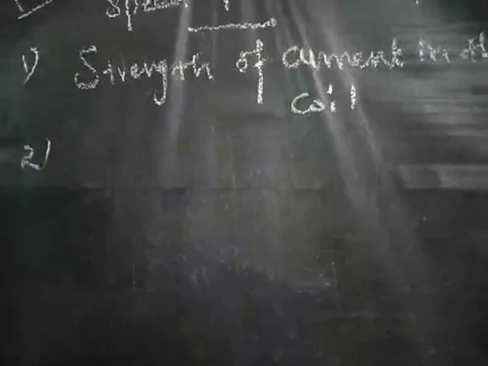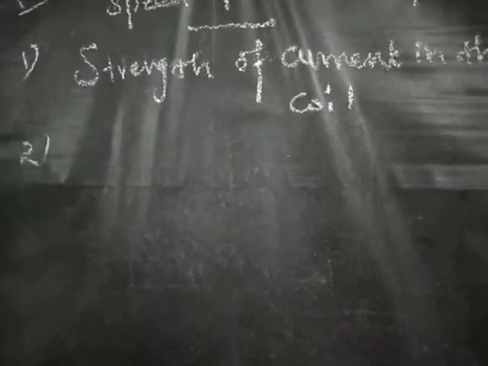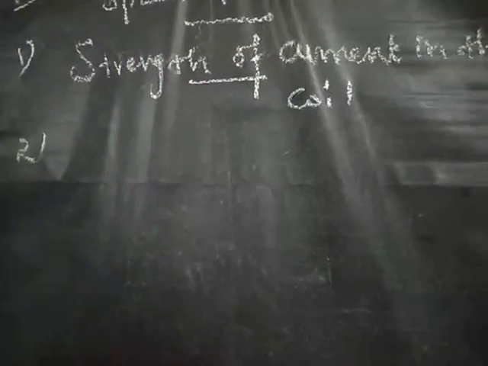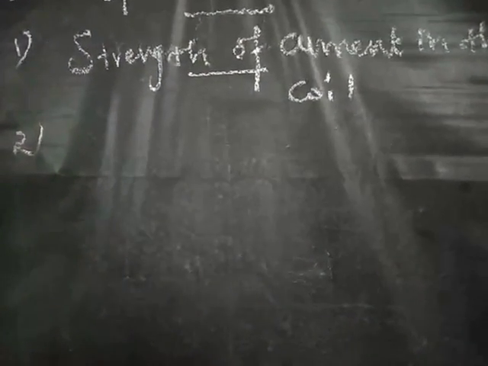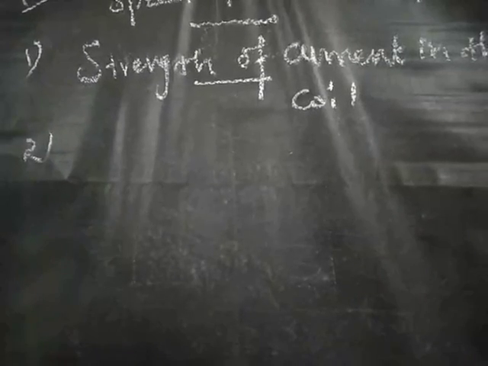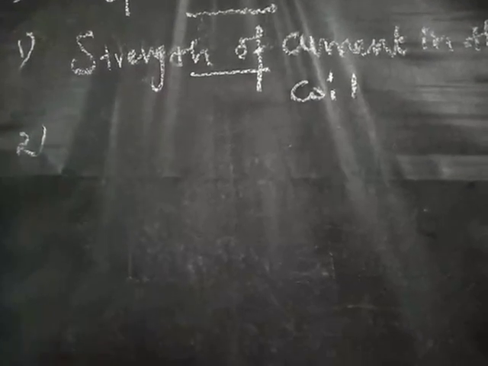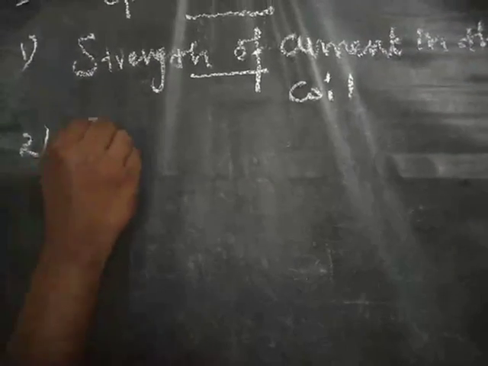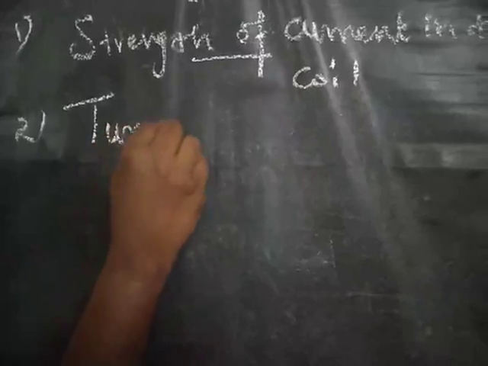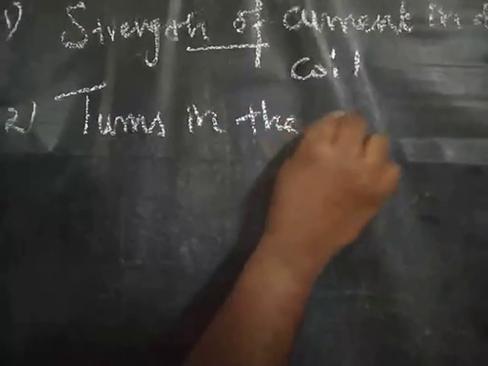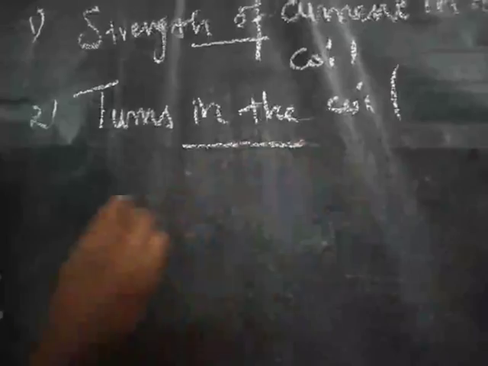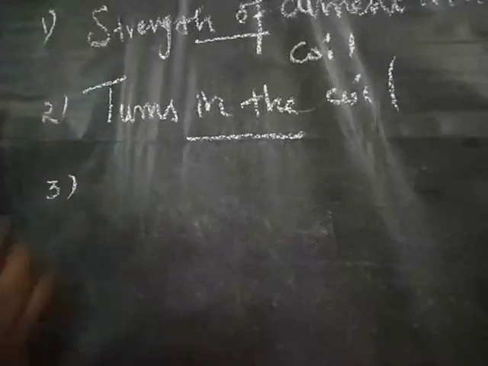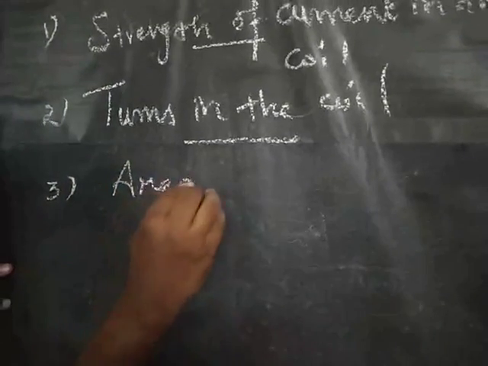To increase the rotation of the coil, first we increase the strength of the current, or voltage, in the coil. Second, increase the number of turns in the coil. Next, increase the area of the coil.